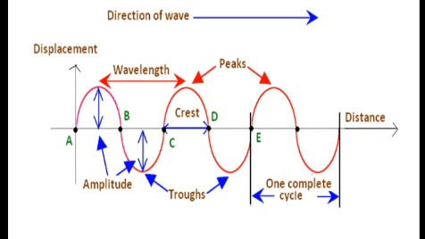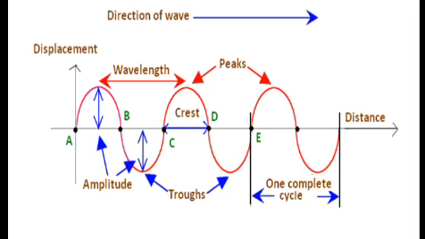To talk about transverse waves a bit more, if we have this as the path taken by a wave, then the top part of the wave is called the crest, and the bottommost part is the trough.